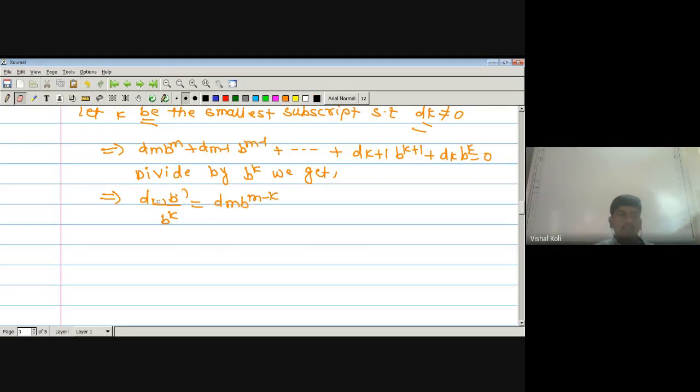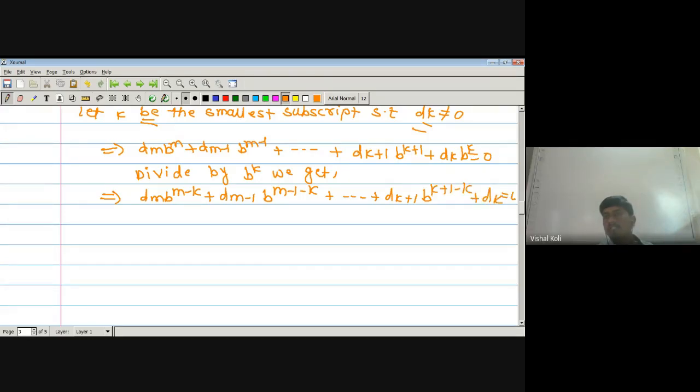So we can write this as dm b to the power m minus k plus dm minus 1 b to the power m minus 1 minus k plus up to so on, dk plus 1 b to the power k plus 1 divided by b to the power k, which is nothing but dk plus 1 b to the power k plus 1 minus k, plus dk b to the power k, where b to the power k gets cancelled.